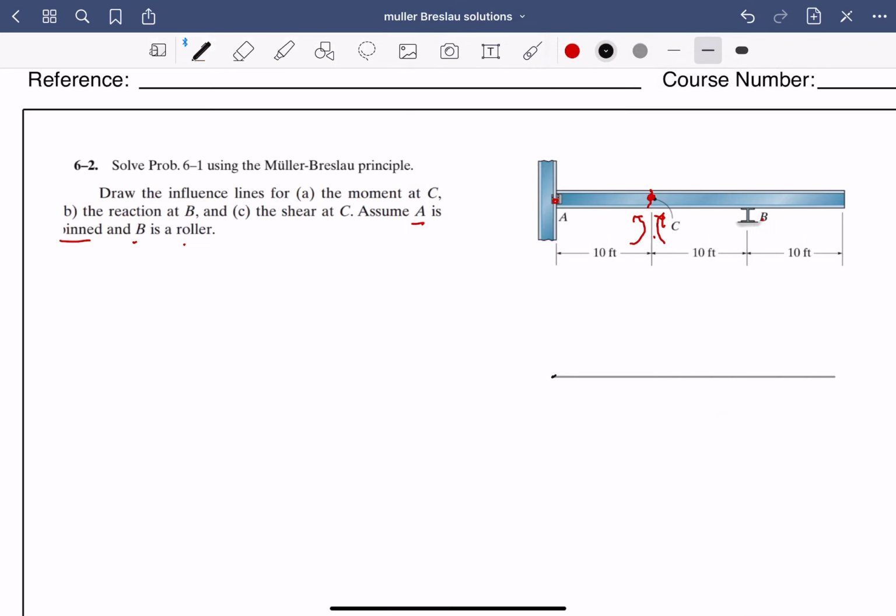Because that's pinned, at this point we push it up like this, or rotate it up. That goes there. Now because this is pinned, imagine this is like a seesaw.